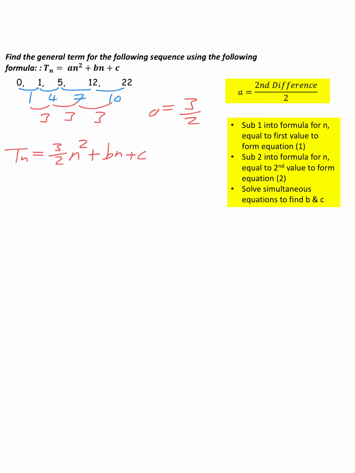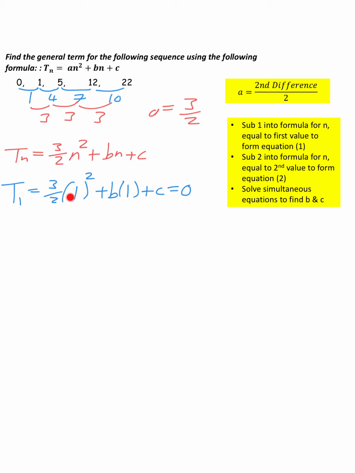Okay, so now looking at the second yellow box, let's sub 1 into the formula for n and equal it to the first term. And our first term here is 0. So putting 1 in instead of n, 3 over 2, 1 squared plus b times 1 plus c equals 0. So don't make the mistake of doing 3 over 2 times 1 first.